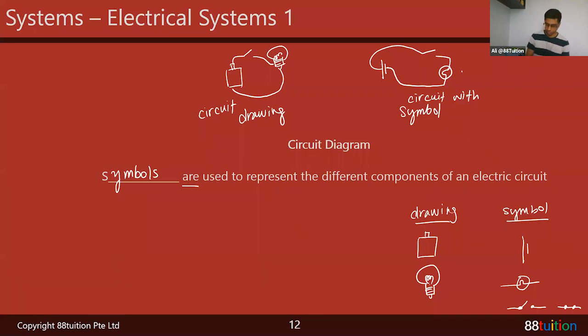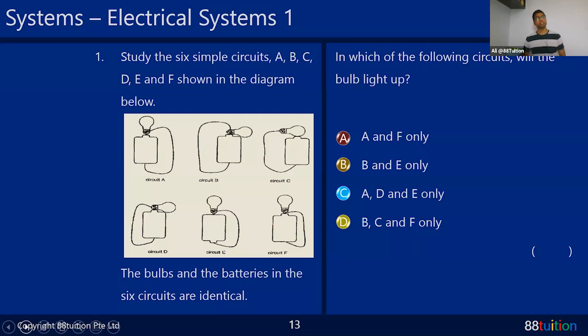Clear? So we also write the names: battery, bulb, and switch. All this is just to warm up. Now we have warmed up.